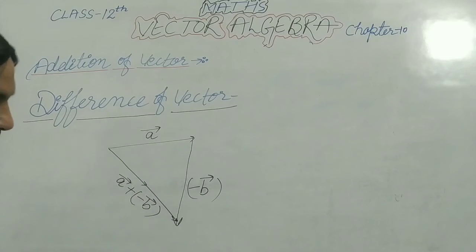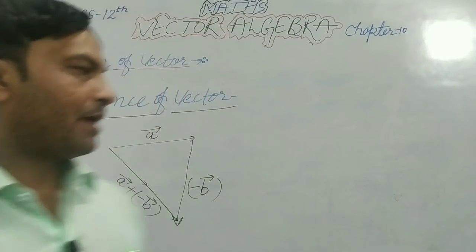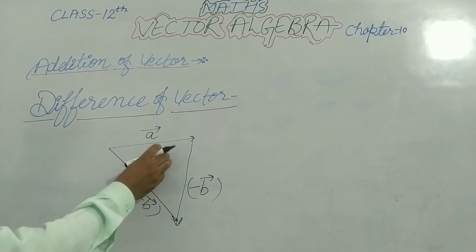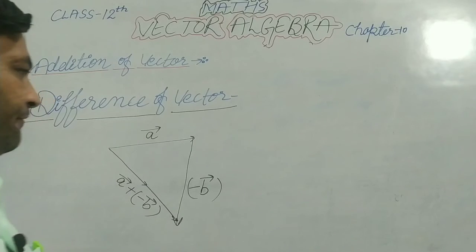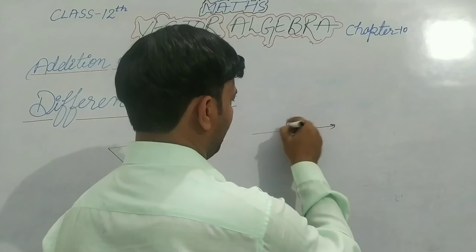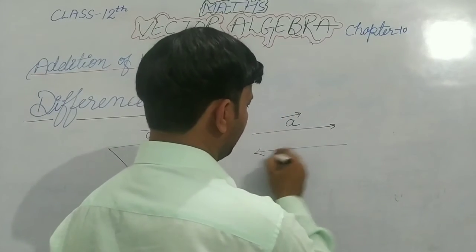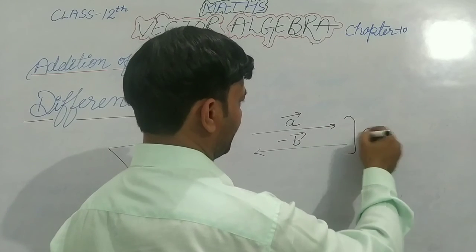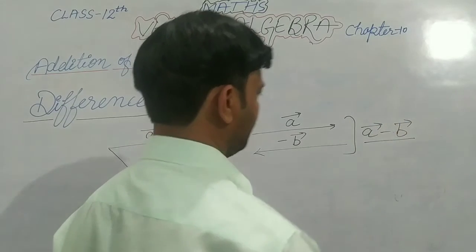So it depends on the triangular law of vectors. We can also say it is the triangular law of vectors with a difference. So in a simple way, if we take vector a and the opposite direction of vector b, and we add both vectors, we get vector a minus vector b, isn't it?